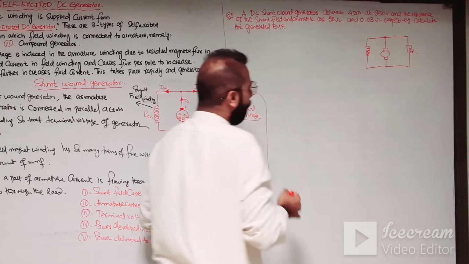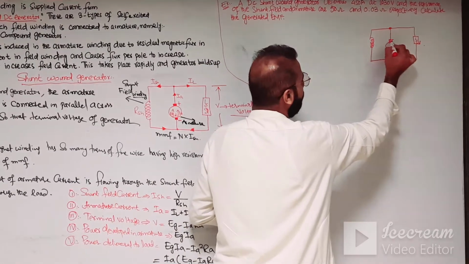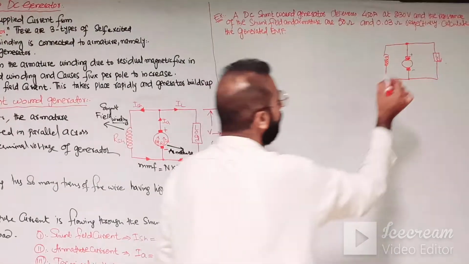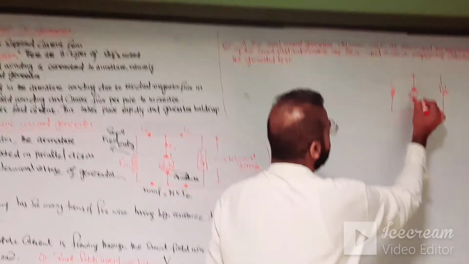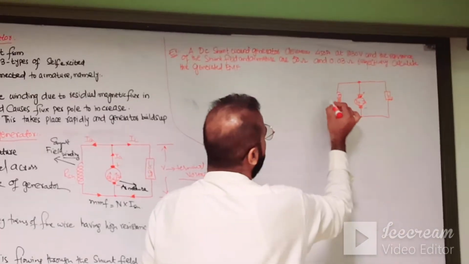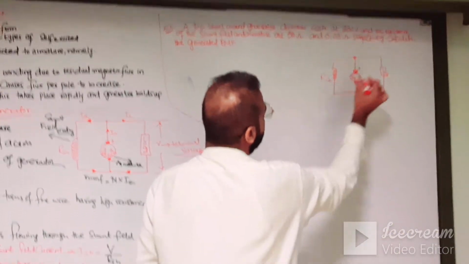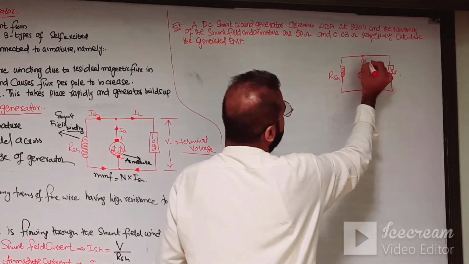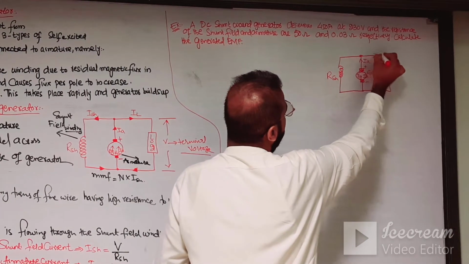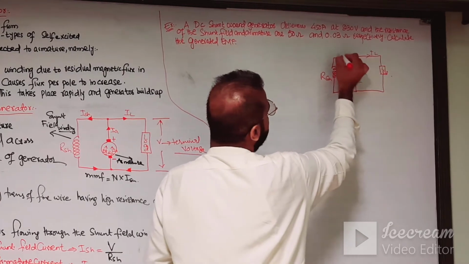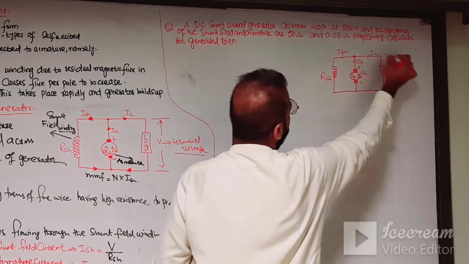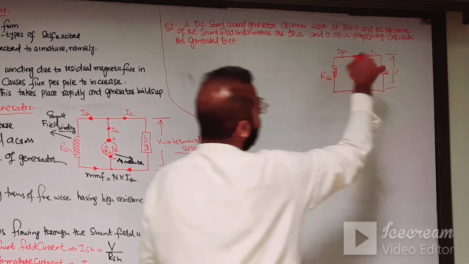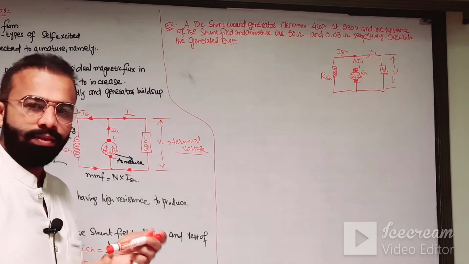These are the carbon brushes placed on the armature winding. Here Eg is produced and Ia flows, and here this is the R shunt, this is the resistance of the armature, this is the Ia, this is the IL, and this is the I shunt, and here the terminal voltage of the generator is applied across it.